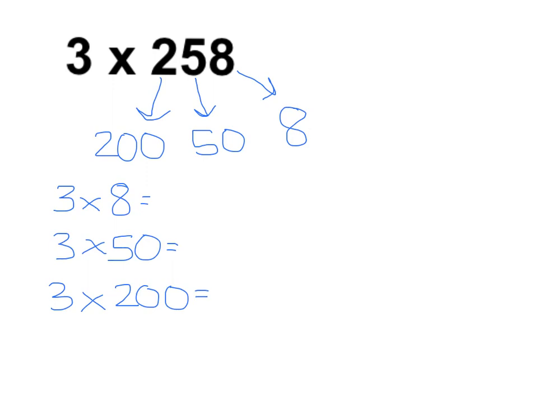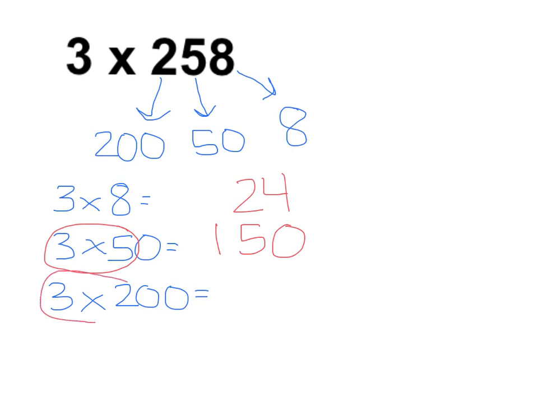So first I'll do 3 times 8, that equals 24. Next, 3 times 50. Well, we know 3 times 5 equals 15, but it has to be 10 times larger because it's multiplied by 50, so 3 times 50 is 150. And then last, 3 times 200.